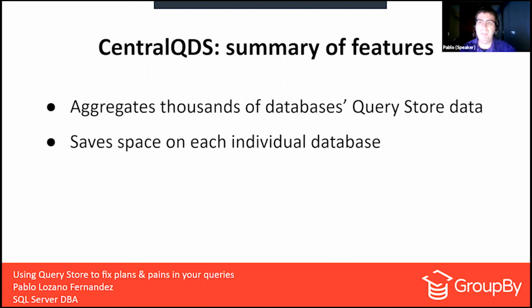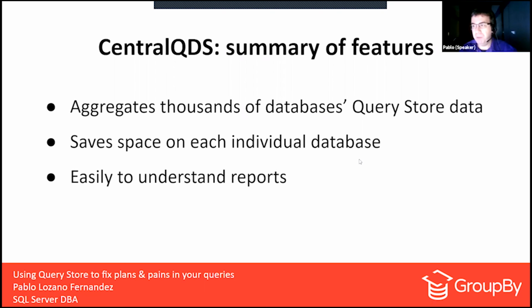Also, in Central QDS we aggregate per day instead of per 15 minutes or per 5 minutes, so we also save a lot of space there. The reports are, in my opinion, easy to understand, and I hope everyone can understand how easy it is, because managers usually use them for presentations.